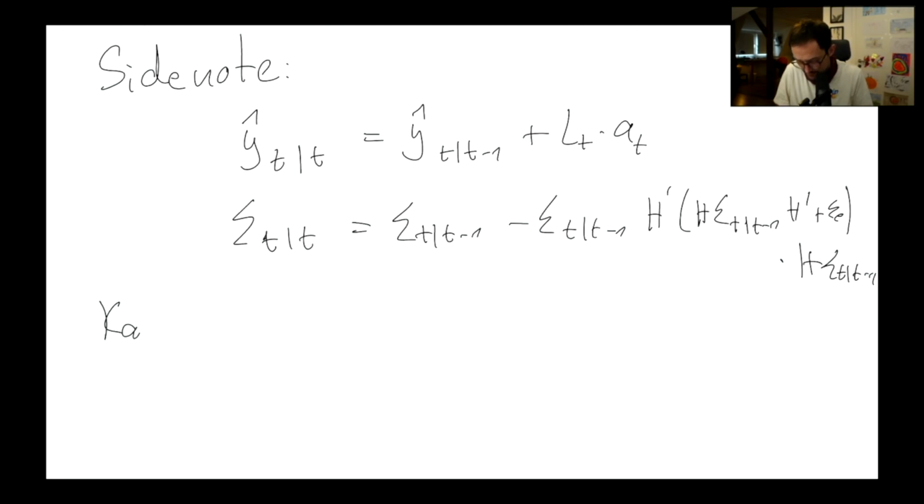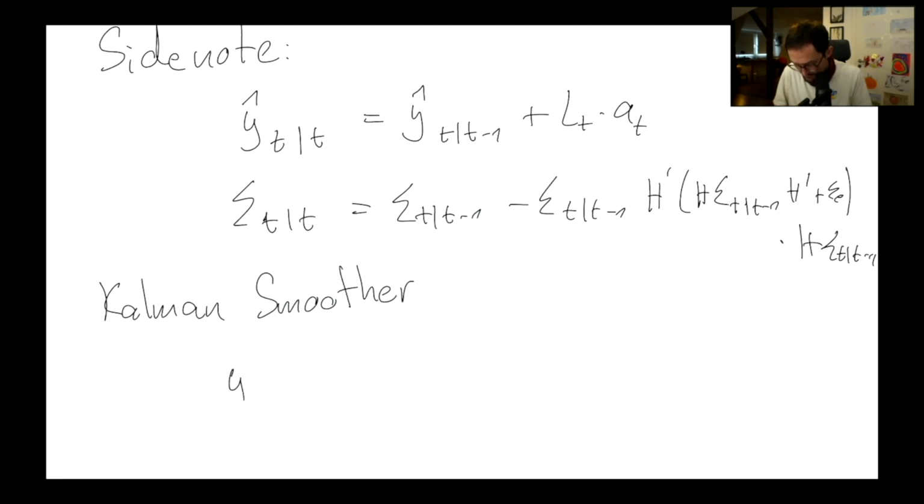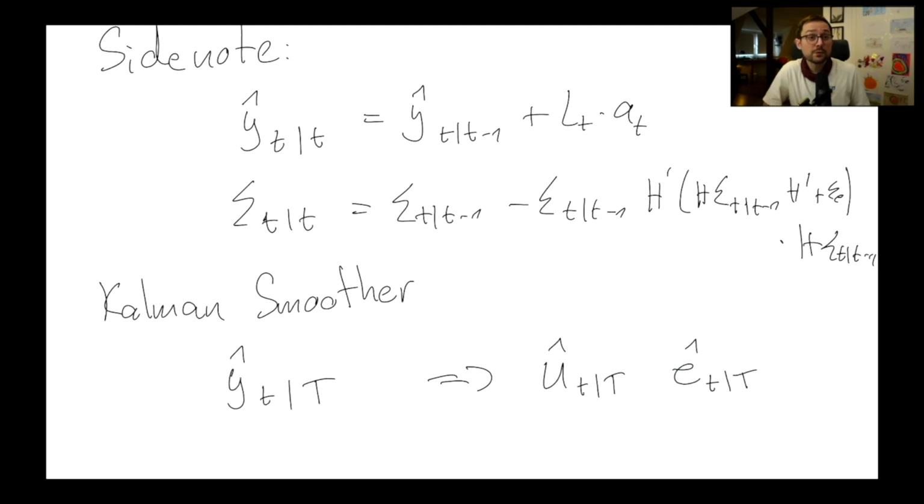This is what the so-called Kalman smoother provides you. So you can get y hat t given all information. This also provides you means to get estimates for your shocks, or your so-called smoothed shocks, which is also quite interesting. I don't tell you the formulas here. They are done by backward recursion. So filtering is forward recursion, smoothing is backward recursion. So this is my first side note.